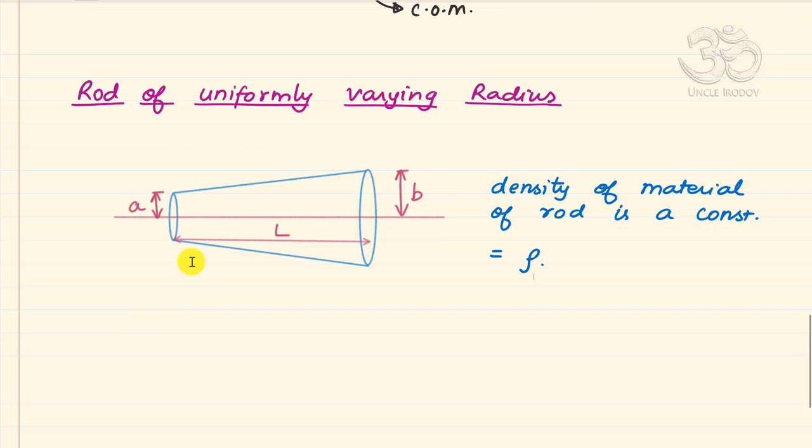What we can do for this problem is break this entire structure up into disks of increasing radii, and for each disk figure out exactly what its mass is and where the center of mass of the particular disk is, and then go through with the entire calculation. So what is it that we are going to do?